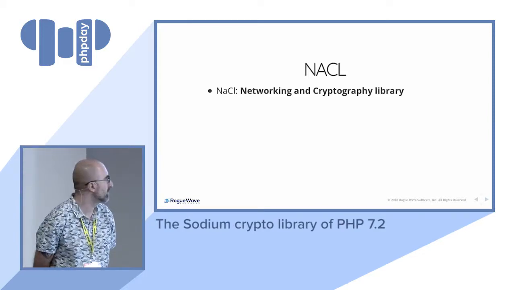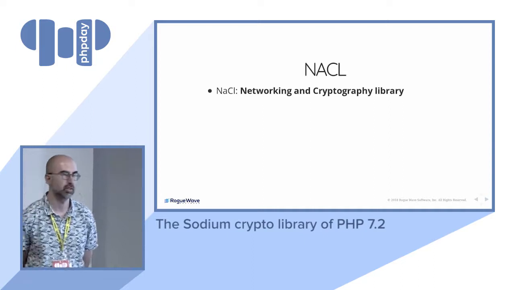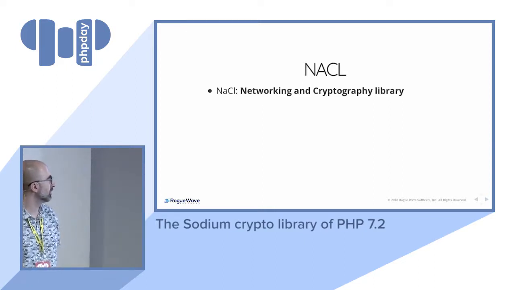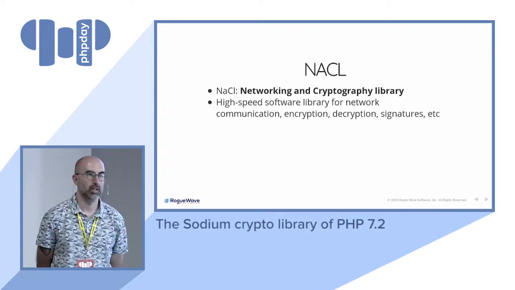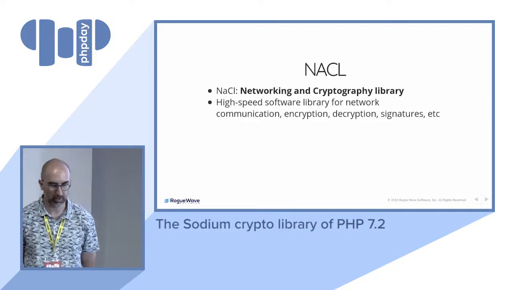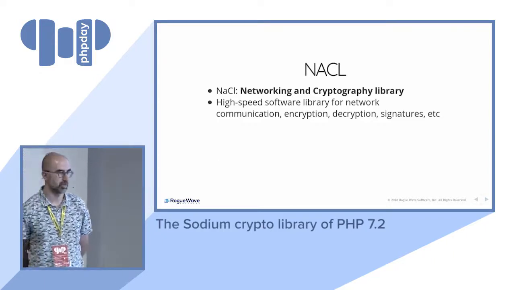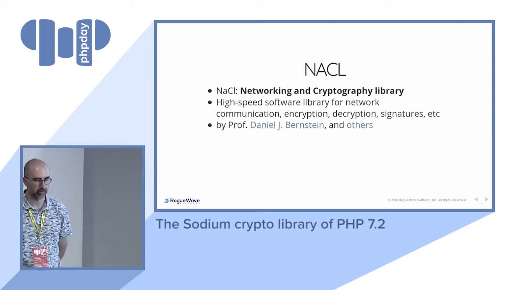So these are the best tools you can actually use right now. It's for both networking and cryptography. It's very performant, a high-speed software library, and it provides you encryption, decryption, signatures, and so on. So all the needs that you might have using cryptography.